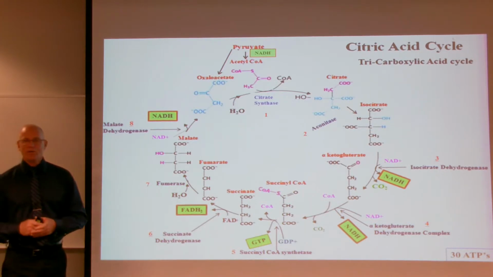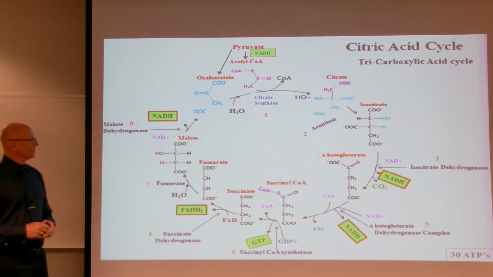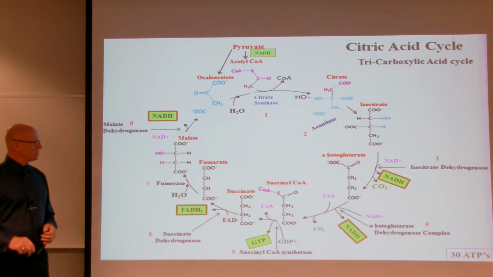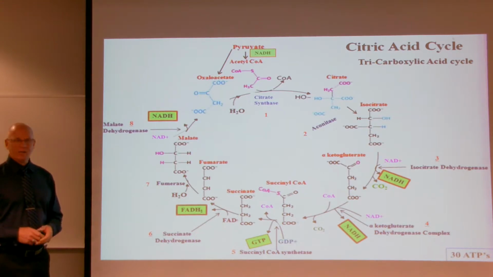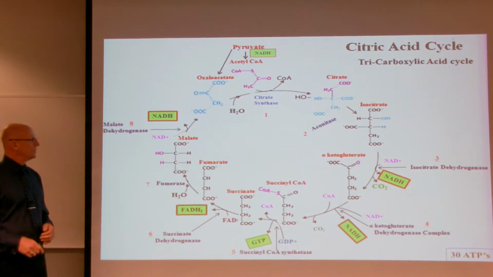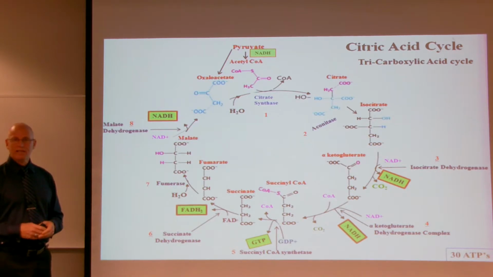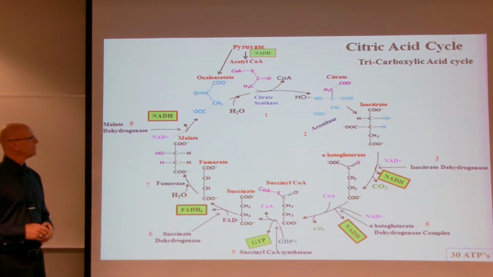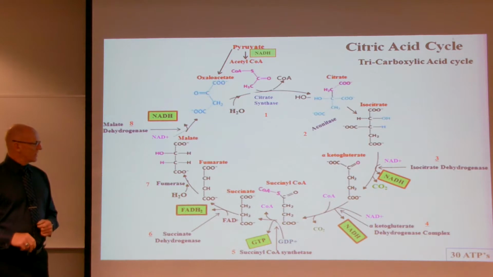Now the whole purpose of this citric acid cycle is to yield these coenzymes, or these intermediate electron carriers, that we can bring to the electron transport chain in the inner mitochondrial membrane. And the citric acid cycle will basically yield 30 ATPs.